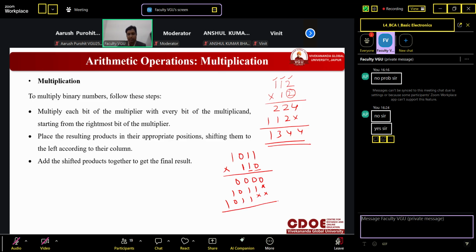And add all three numbers, right? So 0, 0 plus. Now, in multiplication, you should know addition also, right? So 1 plus 0 is 1, 1 plus 1 is 0, 1 carry. 1, 0, 1 carry, 1, 1.